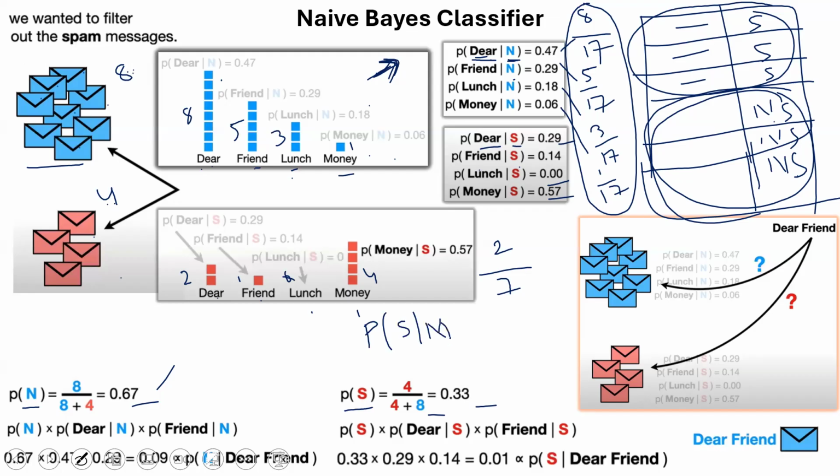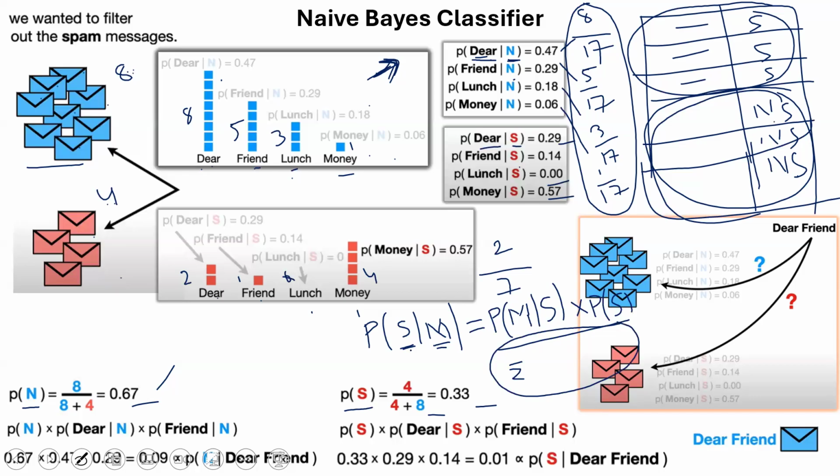So this is a new message and we are trying to calculate the probability of spam given a message, which is nothing but probability of message given spam into probability of spam, divided by the generalization term: probability of message given spam into P of S plus probability of message given not spam into P of M. So the denominator will be the same for both spam and not spam.